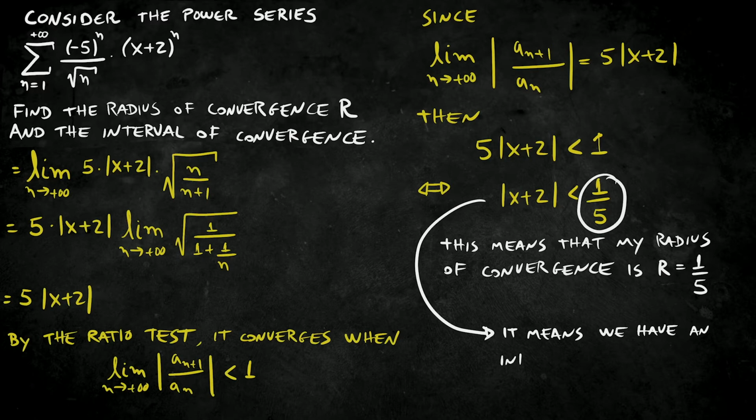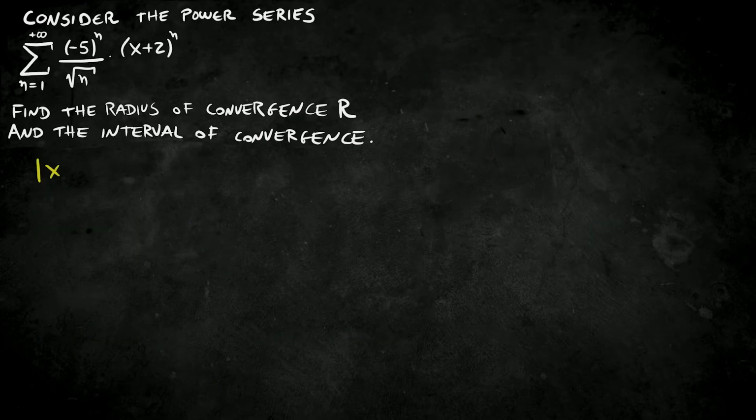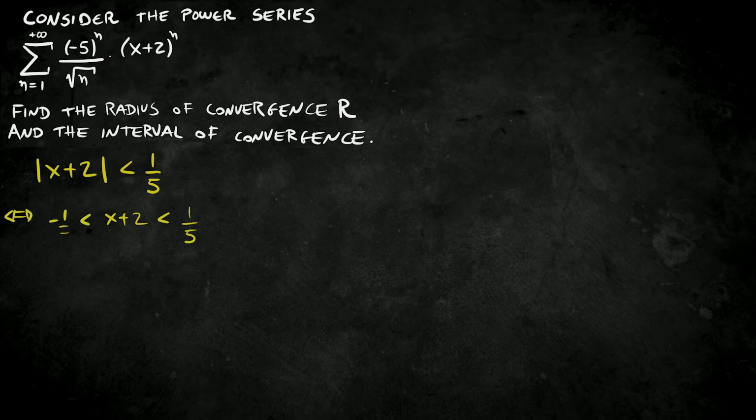Yes, because this inequality means we have an interval with center at -2 and radius 1/5. Solving this inequality, the absolute value of x + 2 less than 1/5 is the same as x + 2 being between -1/5 and 1/5.